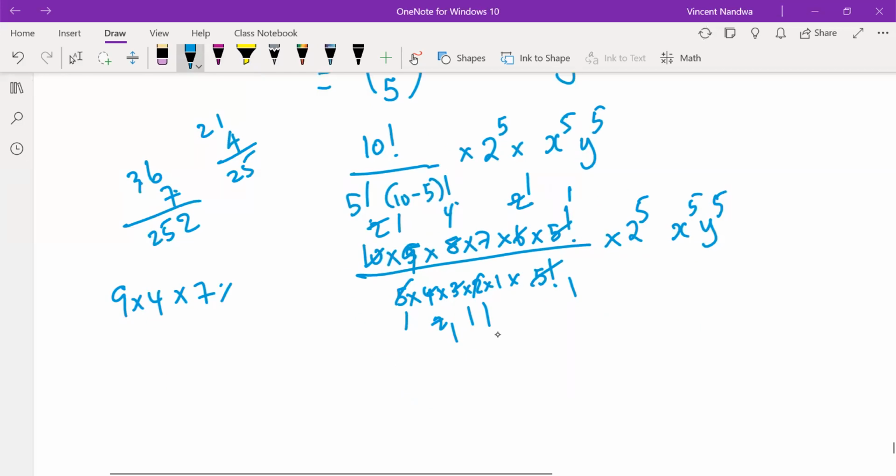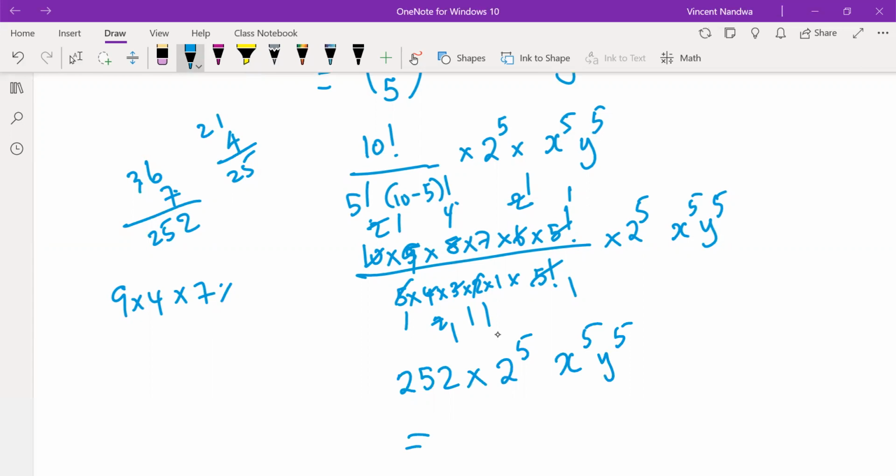So 252 multiplied by 2^5 x^5 y^5 gives 8064 x^5 y^5.